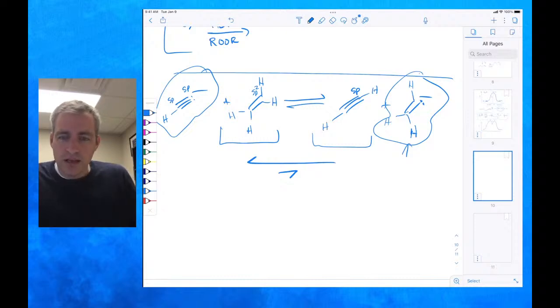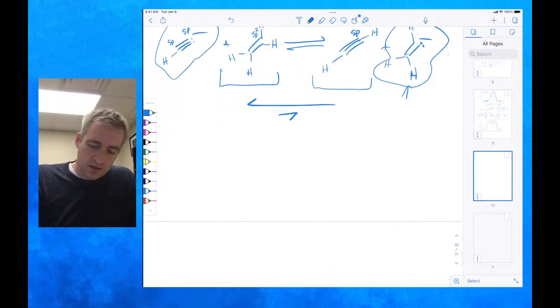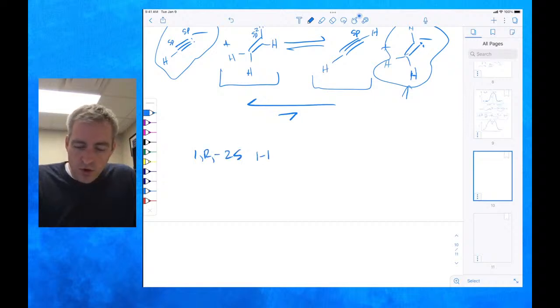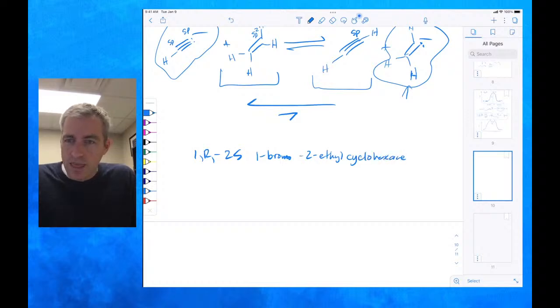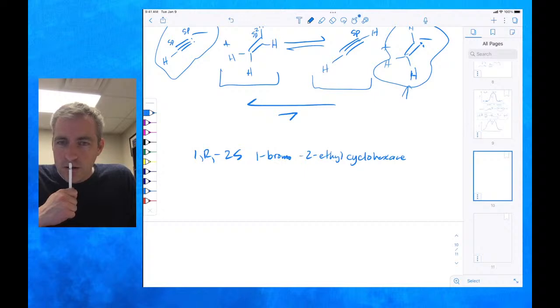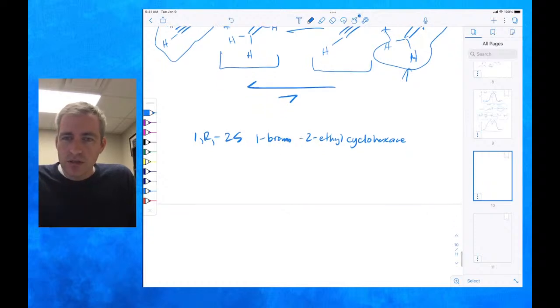It says, draw 1R, 2S, 1-bromo-2-ethylcyclohexane, convert it into the chair, do a flip, and then react it with the provided conditions.